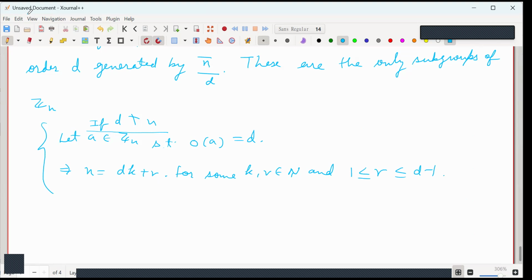Now you take a raised to n. This is a raised to the order of G, which is always equal to the identity. Any element raised to the order of G is the identity.